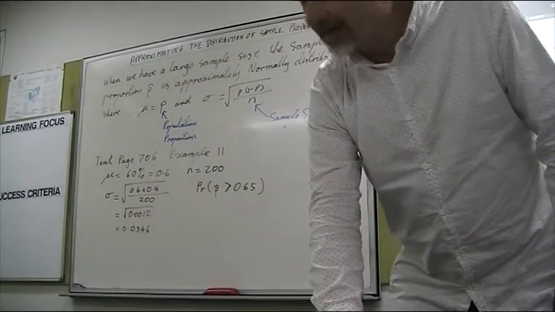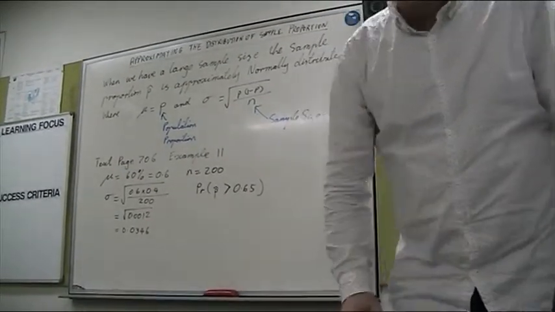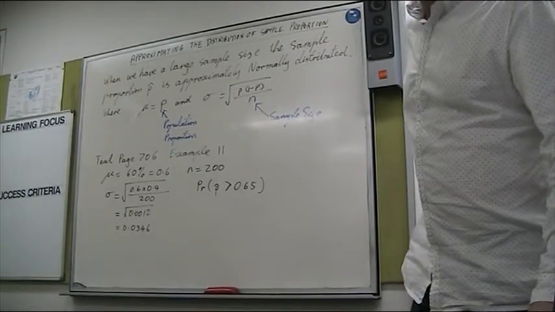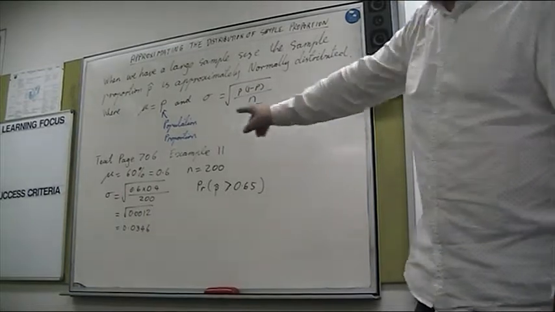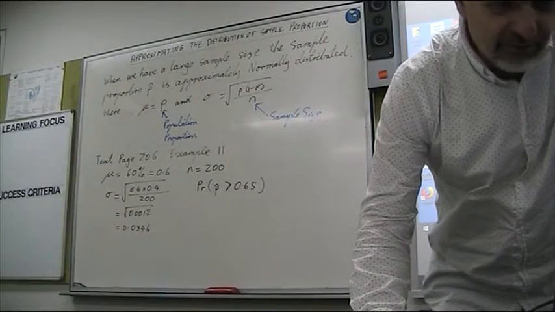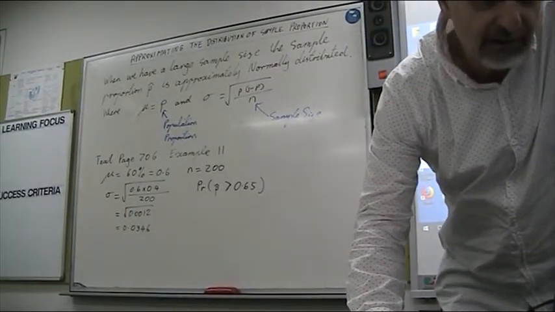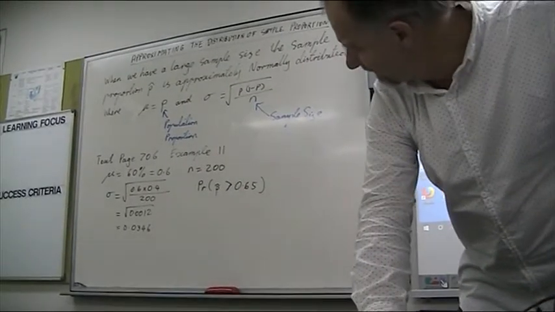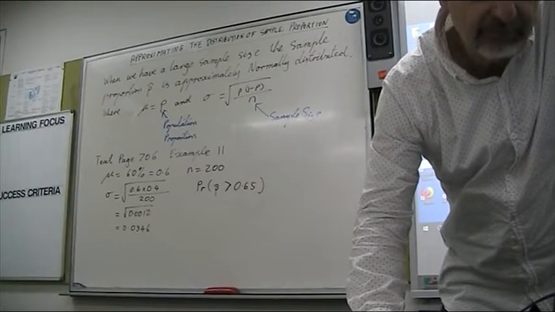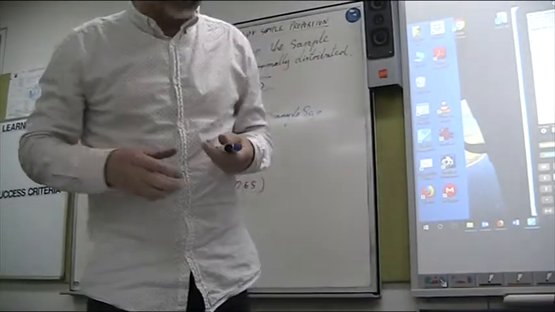Then we've got a mean and a standard deviation. We need to change those. Remember the default is for the standard normal. So we're changing the standard deviation to 0.0346, and our mean is 0.6. And away we go. There it is.